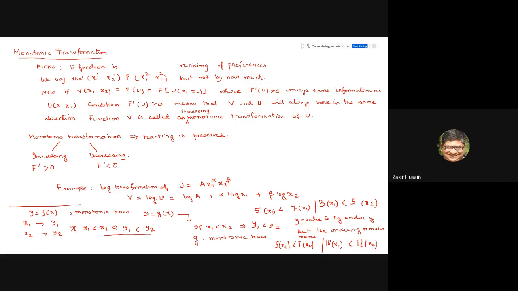All the values of y are reduced. If it is a positive transformation, all the values of y are increased. Okay? That means as x increases y increases, this is a positive monotonic transformation. And when x increases y decreases, that is a negative monotonic transformation.